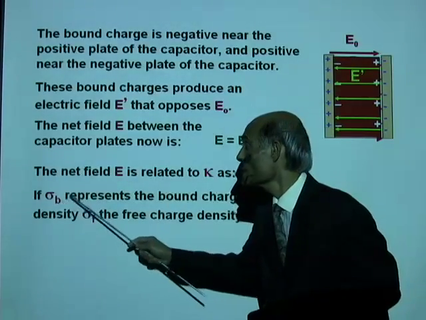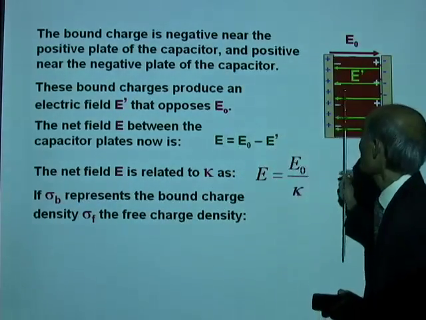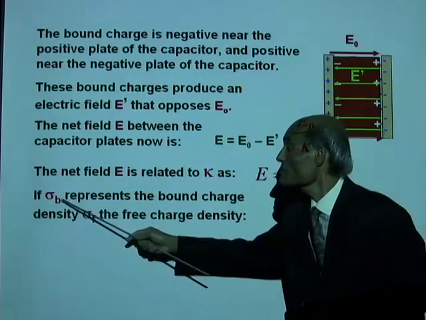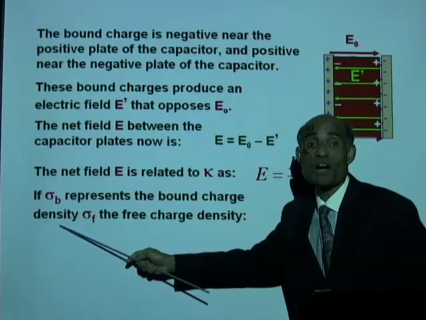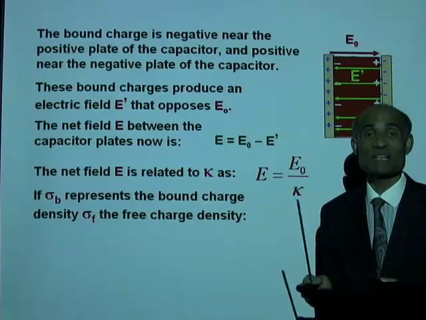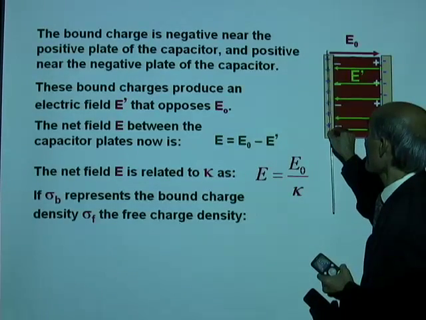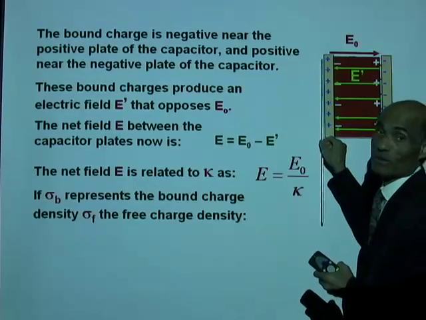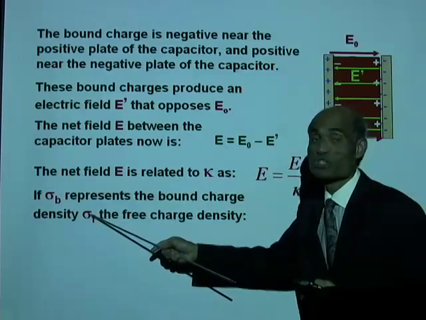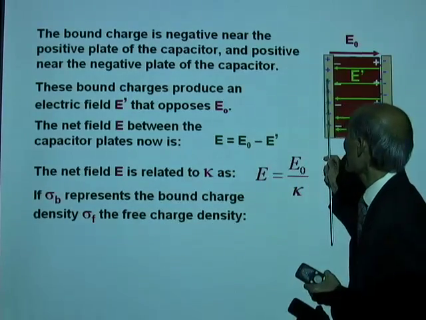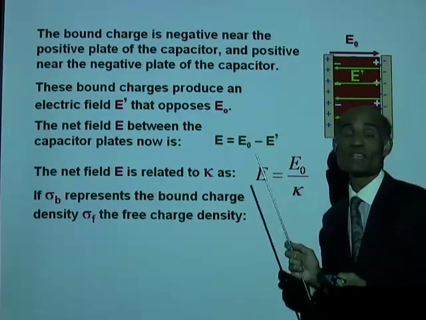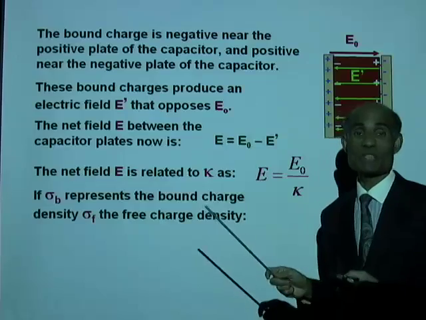Suppose sigma B represents the bound charge density, the charge on the dielectric, and sigma F represents the free charge density. The free charges are on the capacitor plates, so sigma F is the surface charge density on the capacitor plates. Sigma B is the charge density on the dielectric, the bound charge density.